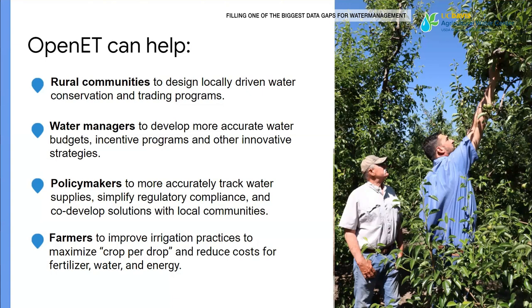I think in a lot of cases, when you're talking about getting a better sense for managing a budget and managing for water sustainability, you kind of need both pieces of information, right? You need to understand the amount of water that's been applied, and you also need to understand the amount of water that's been consumptively used. And that's especially true, again, back to this groundwater sustainability agency's use case.